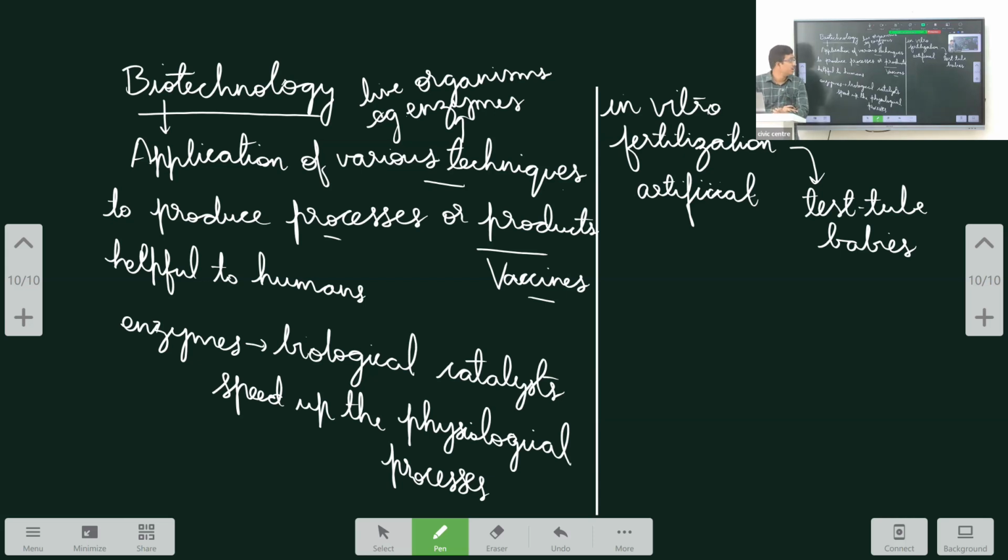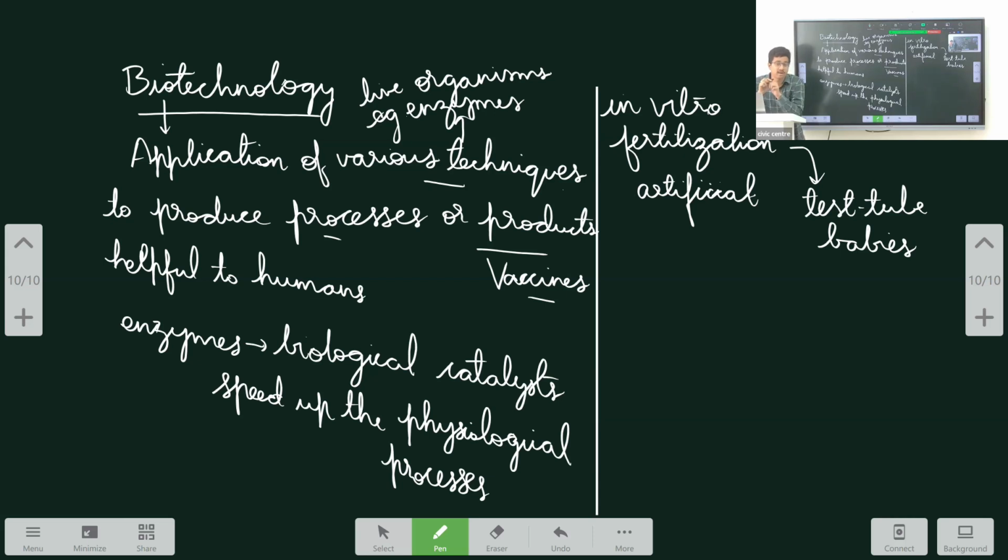And sometimes the techniques of biotechnology will also be used to correct some genes. We talked about mutation, how there will be an error or a mismatch or mispairing in the sequence of nucleotides. We see gene defects, how there will be defects in the genes.